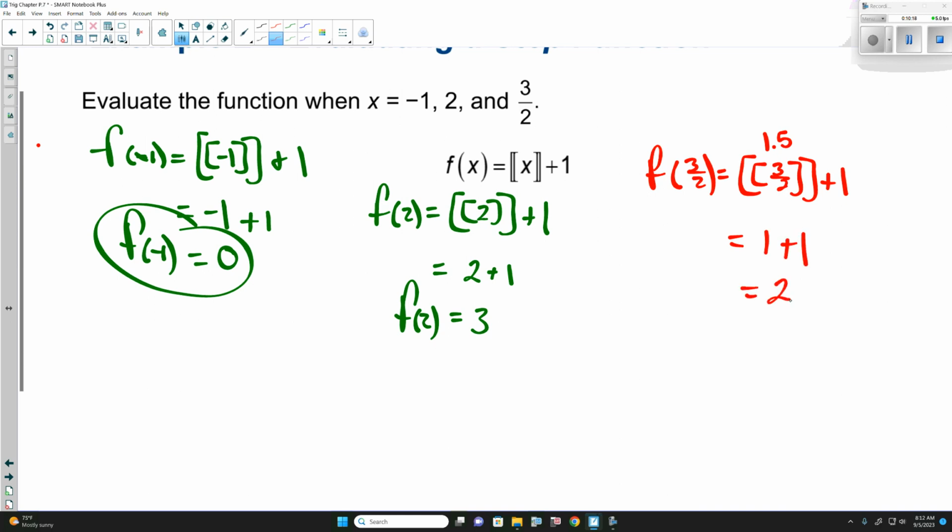And 1 plus 1 is? Yep. Because with that step function, everything from 1 to almost 2, 1.9 repeated, will be 2. Because it's stepping up as soon as we hit the next integer. Does that make sense? Questions on any of this here?